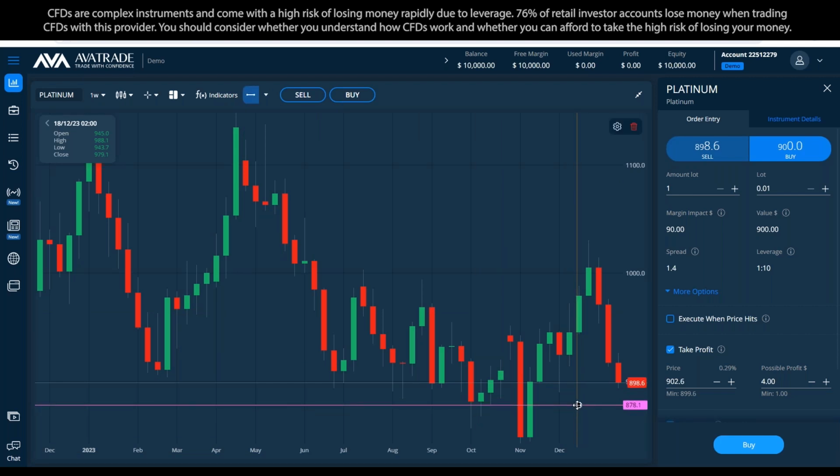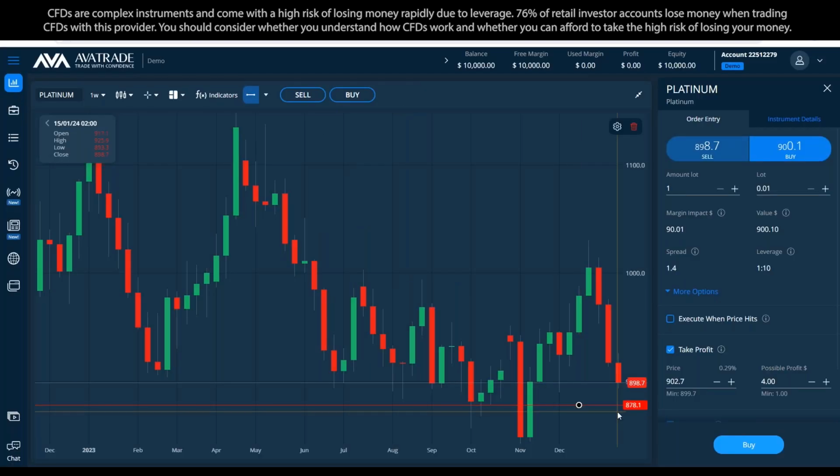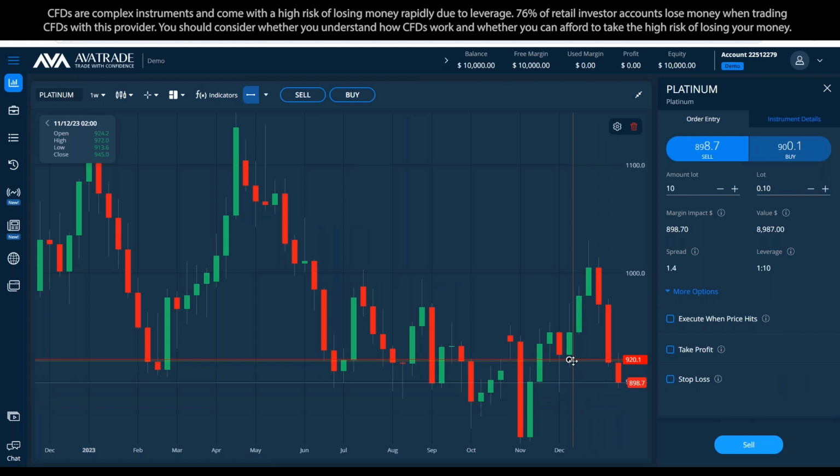Down to here somewhere. So what happens if it gets to the red line? Actually, this might be a sell scenario, so let's put the stop loss higher and the take profit at here, okay?